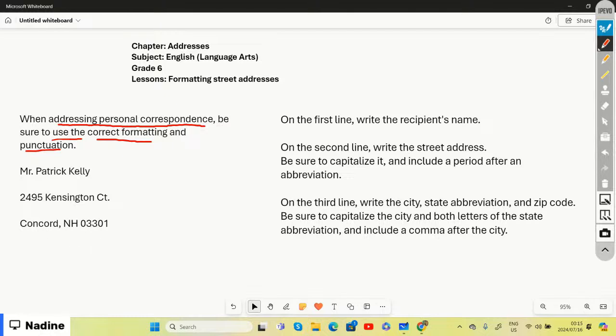And if they are to deliver a package to your place, this is going to be a format of how we can write the addresses.